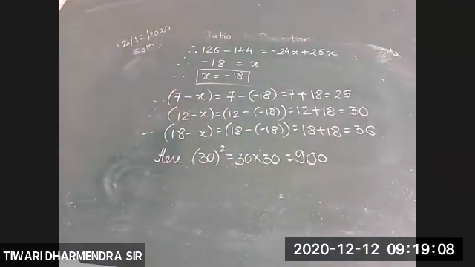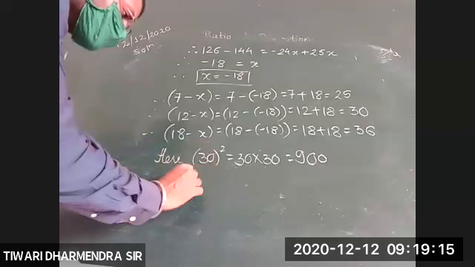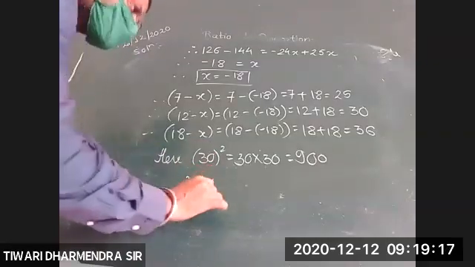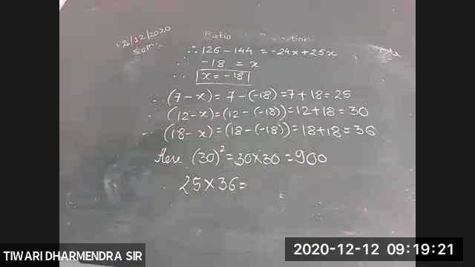So 900. So that is your b square. Now a into c is 25 into 36. If you do 25 times 36, you'll be getting 900.